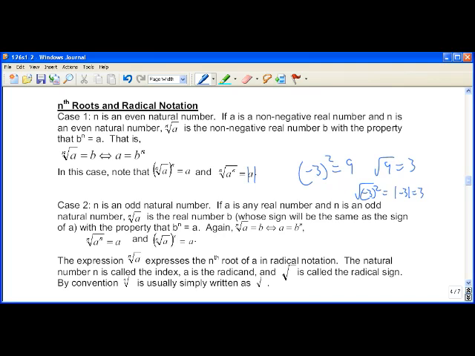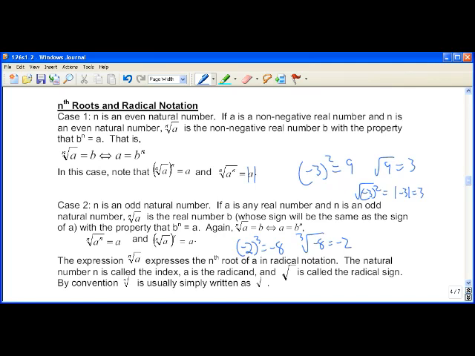And so you have pretty much the same idea here, but now if we're looking at negative 2 cubed, that's negative 8, and the cube root of negative 8 is negative 2. So the negative is preserved in this case, where in the previous case it goes away. The expression the nth root of a expresses the nth root of a in radical notation.